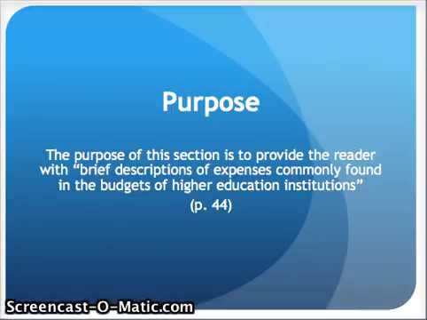And so that's one thing that this section of this chapter brought out. Another thing is that when we talk about expenditures, a lot of times we'll be talking about designated funds, and those are funds that have been identified for a specific purpose.